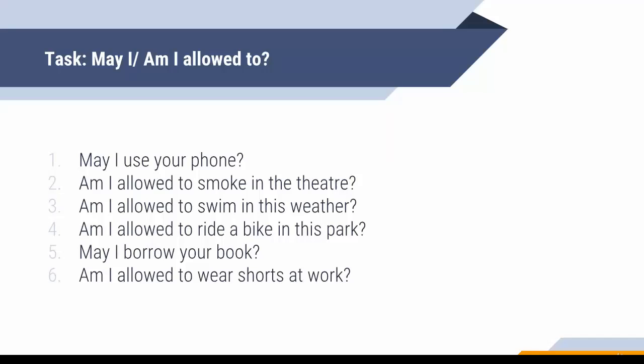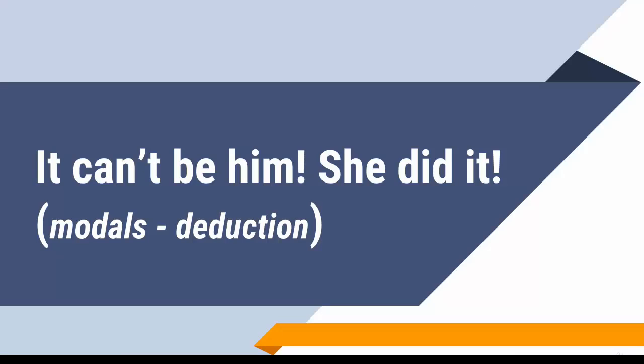Could in this situation does not refer to the past, it refers to the present. It's just a little bit more formal than can. When you want to give permission, in this case you need to use may or can. Well done. Next video is waiting for you.